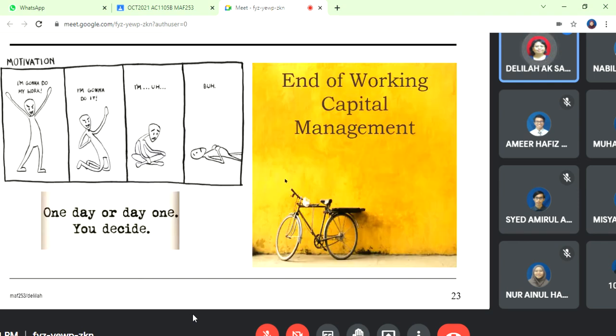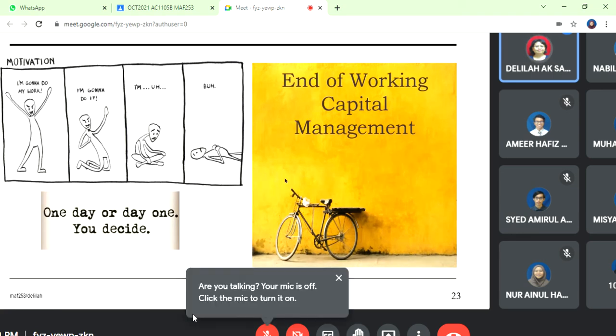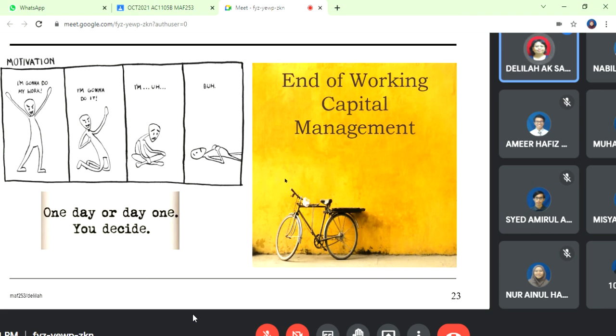Okay, so that brings us to the end of chapter 6, which is on the management of current liabilities, which brings us to the close of management of working capital. So management of working capital includes the management of current assets and the management of current liabilities.